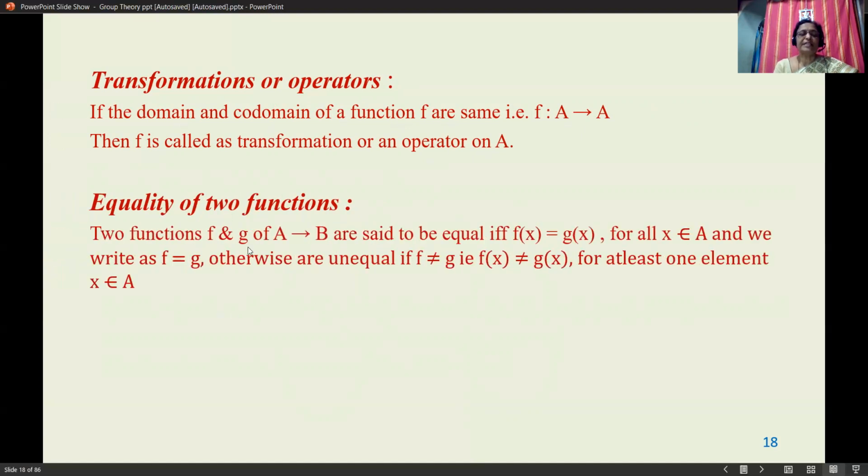Two functions F and G from A to B are said to be equal if and only if Fx is equal to Gx for all x belonging to A. That is, the image of x under F is equal to the image of x under G for all x belonging to A. And we write F is equal to G. Otherwise, they are unequal if F is not equal to G, that is Fx is not equal to Gx for at least one element x belonging to A.